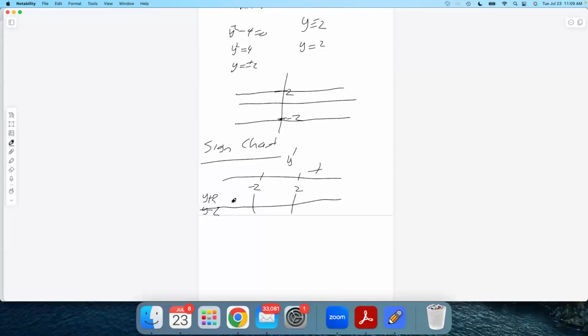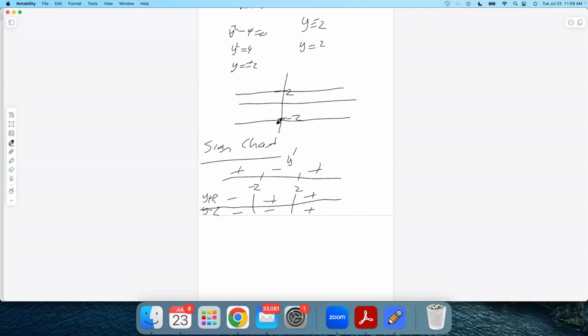Y plus 2 equals 0 at -2, so below that it's negative, and above it it's positive. Y minus 2 switches signs at 2, so it's negative below and positive above. Two negatives multiplied together make a positive, and a negative makes a negative, and a positive.